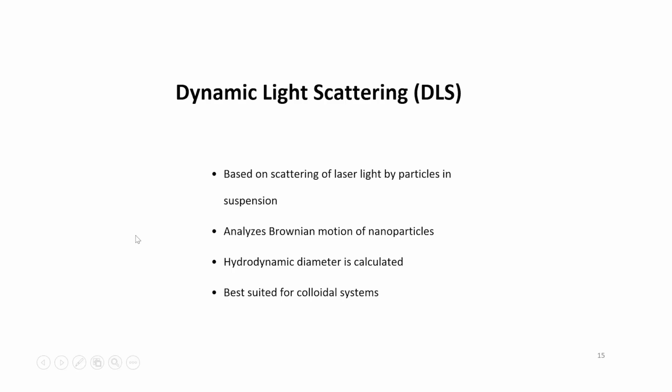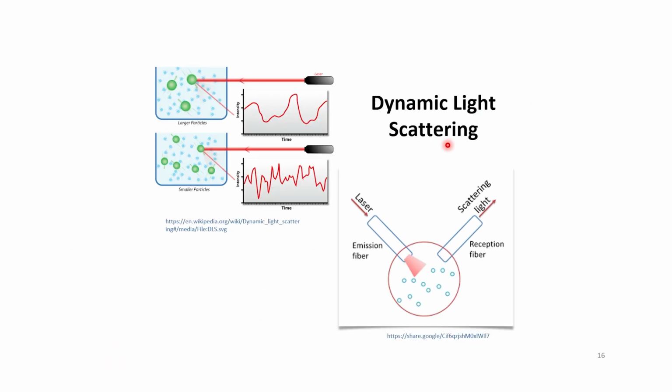The larger the particle, the slower the motion, and the smaller the particle, the faster the motion, and the light falling on it will be scattered accordingly. The hydrodynamic diameter is calculated and the data is analyzed. As it depends on Brownian motion, it is best suited for colloidal systems. That is dynamic light scattering.